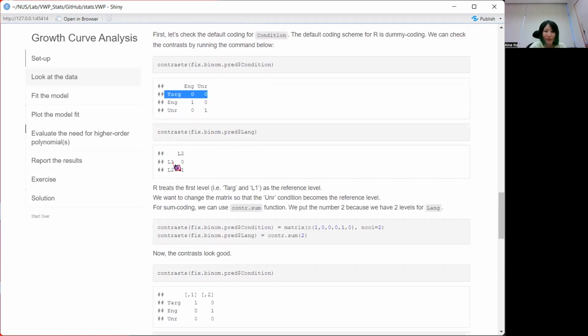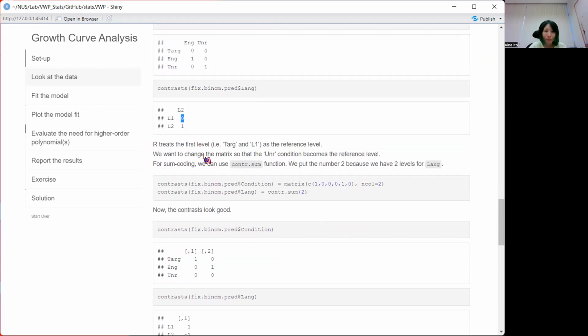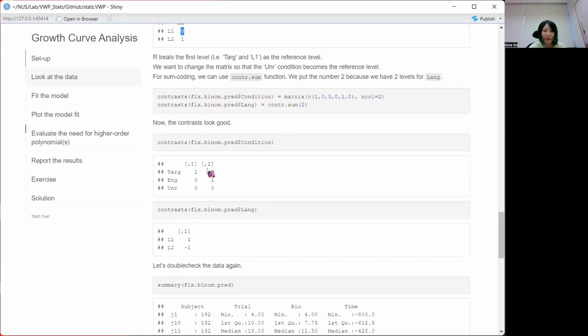This is also called dummy coding, where the first level is the reference level. We will change that so that the unrelated condition is now the reference level for the condition.